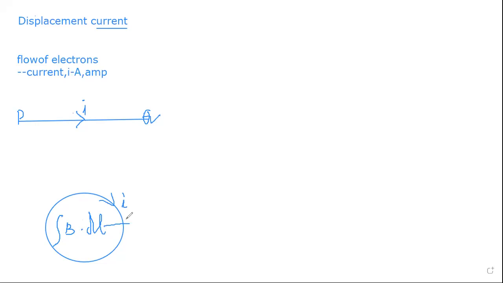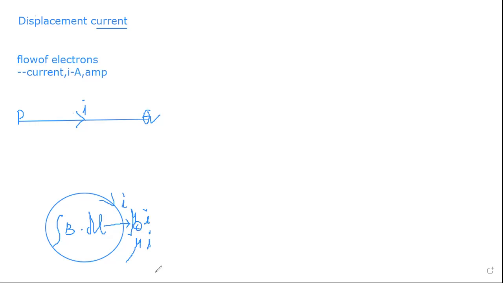So this is equal to, according to Ampere's law, mu naught I. If it is in vacuum, mu naught I, or if it is any other medium, this is mu I.